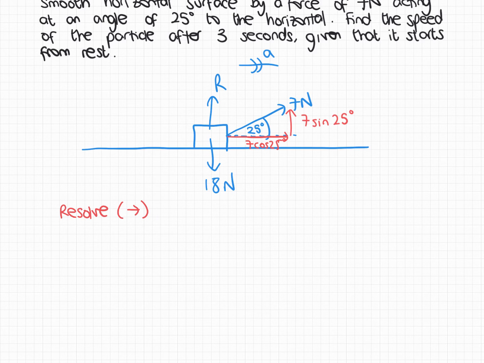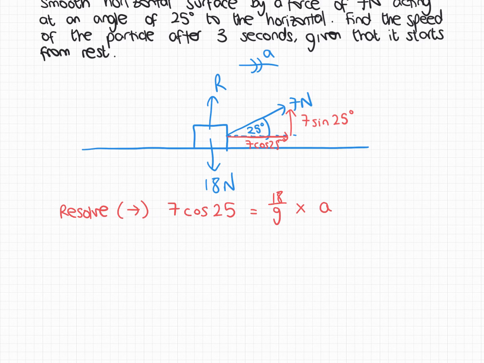So resultant force in that direction is just 7 cos 25, and that's equal to mass times acceleration. So that must be equal to mass. Now we're told that the weight's 18, so the mass must be 18 over g times a for the acceleration.